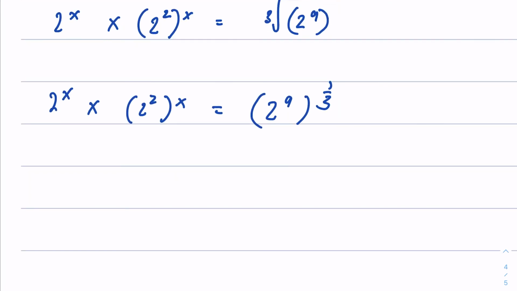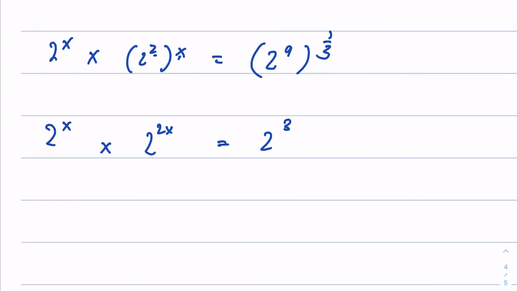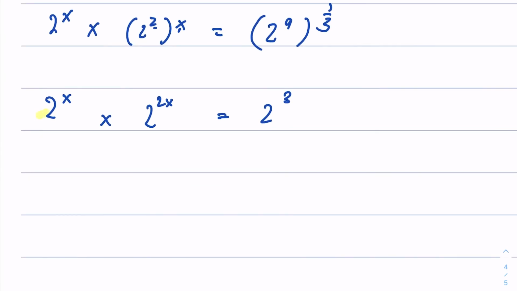You have a multiplication here, because 2 to the power of x times 4 to the power of x gives you 2 to the power of 3x. I'm just simplifying everything. 9 times 1 over 3 is 3, so 2 to the power of 3. So now the entire equation has the same base. You can compare the powers.